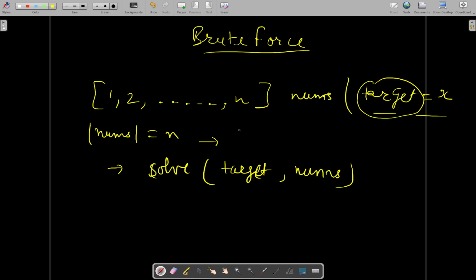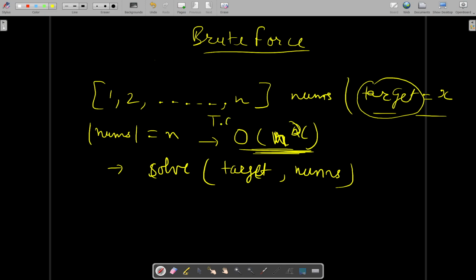So overall, order of n raised to power x number of combinations will be generated. This is an upper bound.